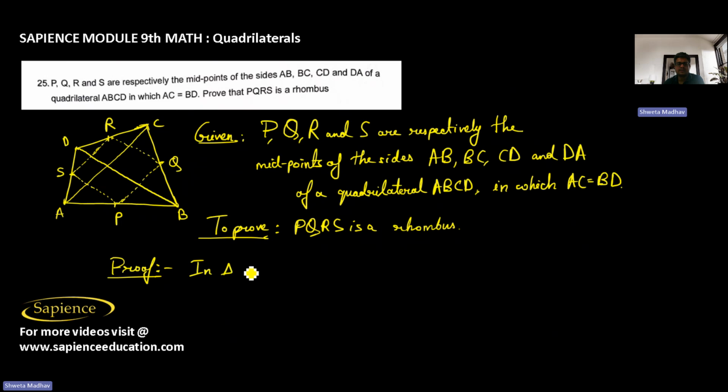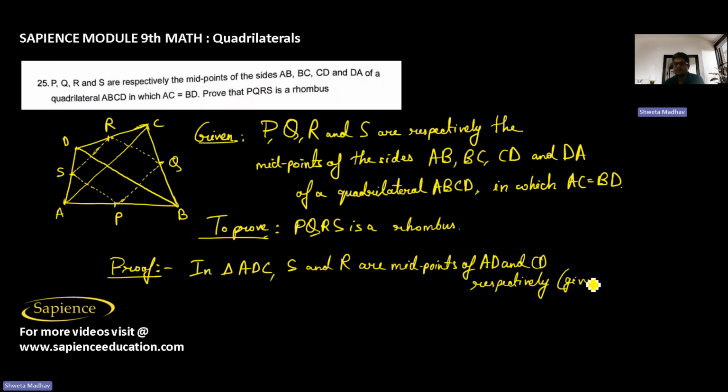say that in triangle ADC, S and R are the midpoints of AD and CD respectively.